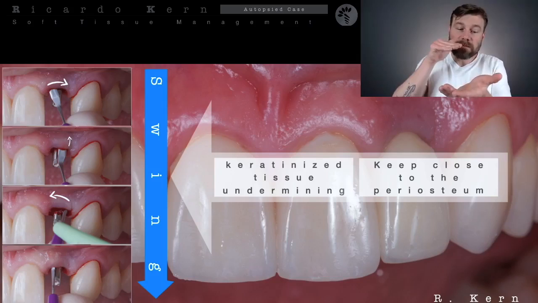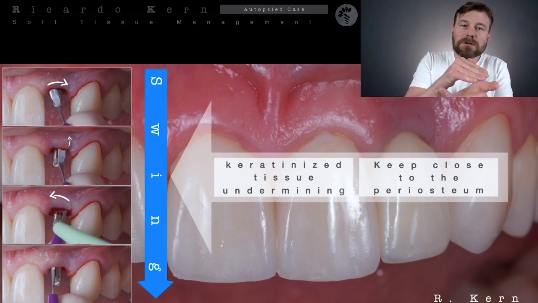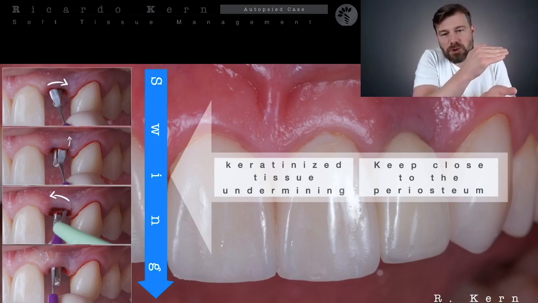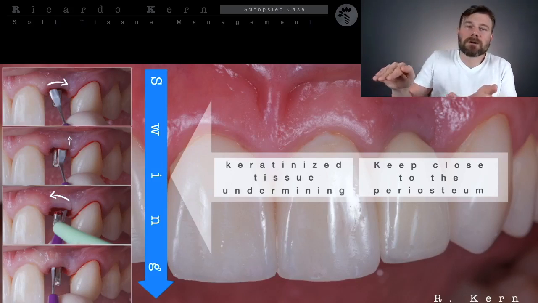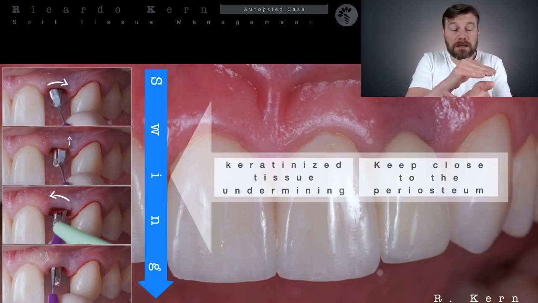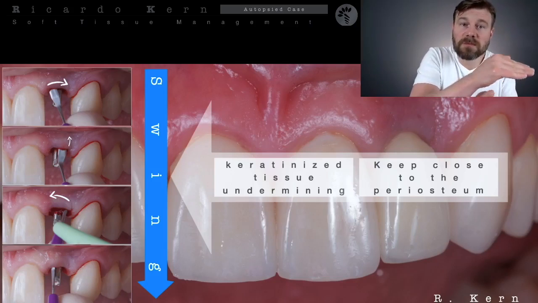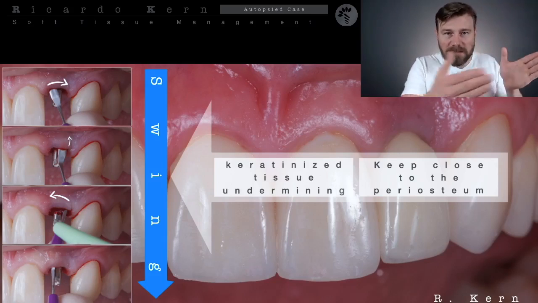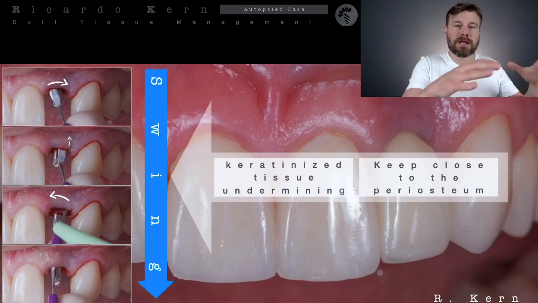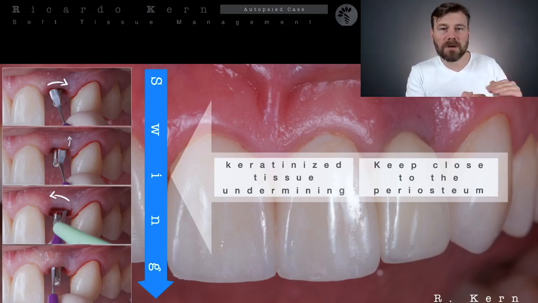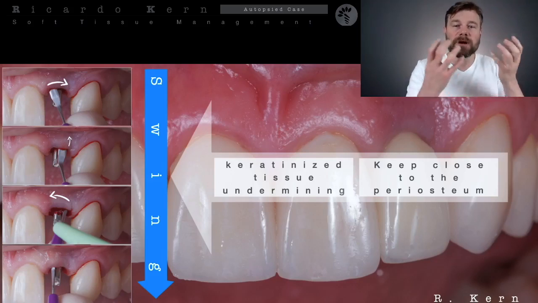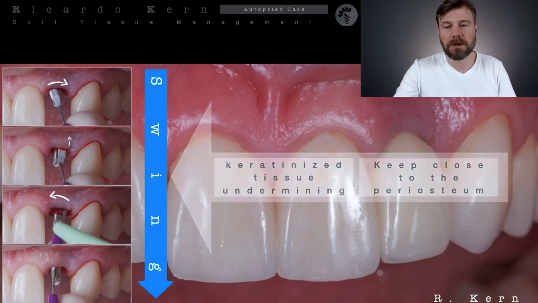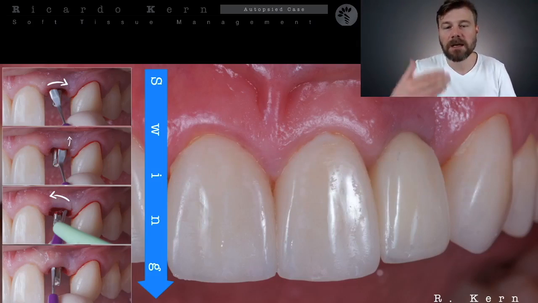So if you start to introduce your blade just 2 millimeters, 3 millimeters, and from that swing from one side, return, and just then advance 2 more millimeters and swing again, what it does is prepare this whole area free of attachment of the soft tissue from the ground to the surface. You prepare much better an area to receive the connective tissue that you're going to take inside a few moments later.